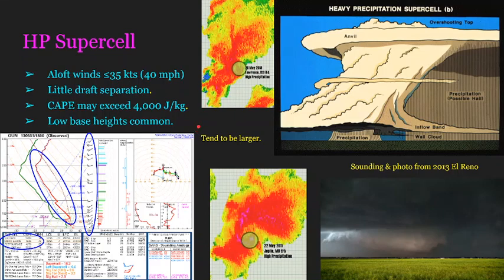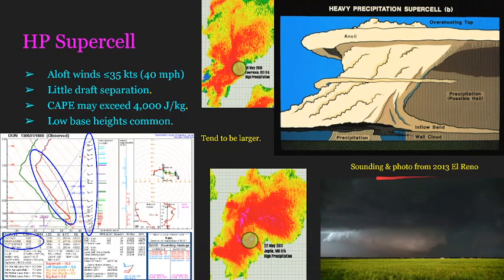And again, like I said at the very beginning, usually this transfer only happens once, but it can go back. A heavy precip supercell can switch back to becoming a classic if it runs out of that moisture, which it usually doesn't. And here is an example of the rain shadowing that will occur from a high precip cell.